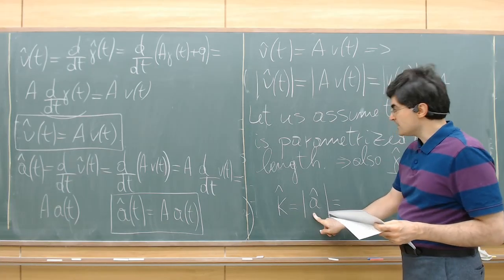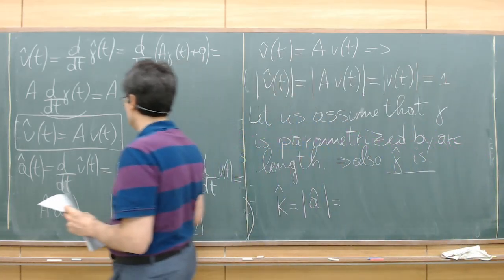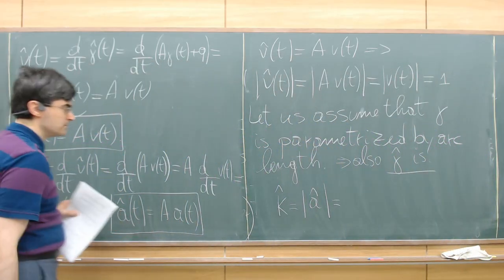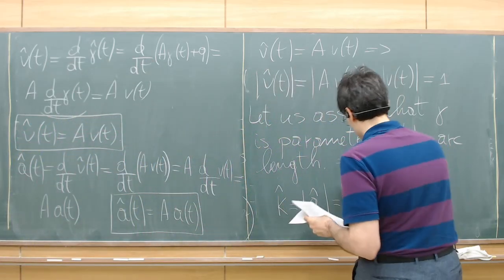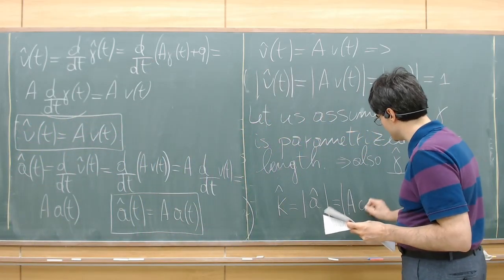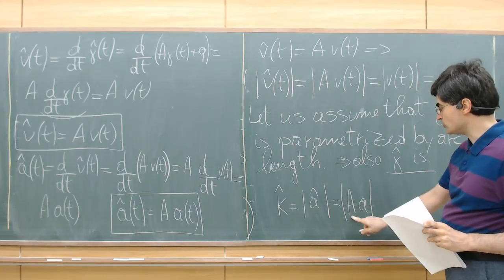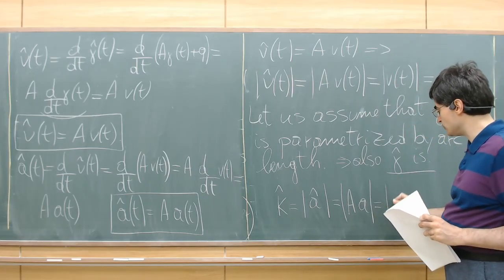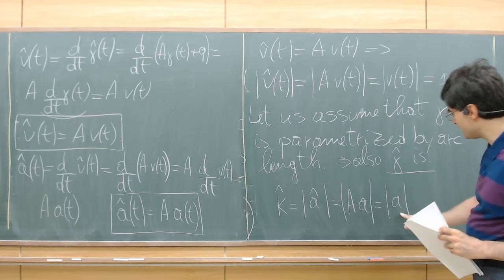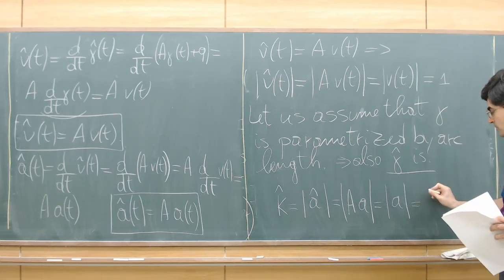But this vector is here. So I have A multiplied by small a. A is orthogonal, so the length of this vector coincides with the length of a. And this is nothing but the curvature of gamma.